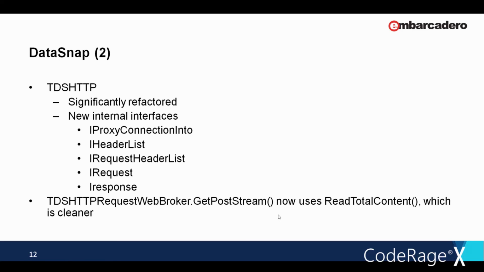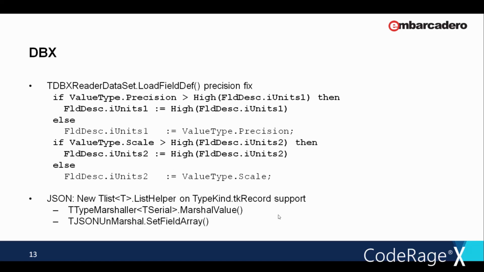There are internal interfaces in that component for the proxy connection info, IHeaderList, request header list, request and response. And GetPostStream now takes advantage of ReadTotalContent, which was a new HTTP method that's available. So that code is a lot cleaner than it was before.